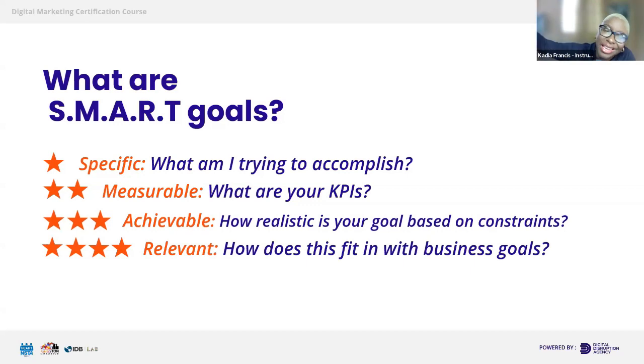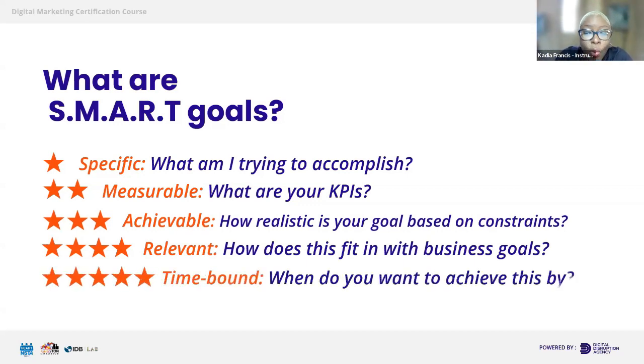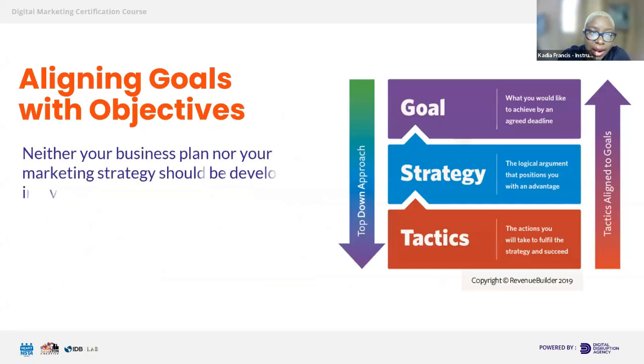How does it fit into those things, right? And lastly, when do you want to achieve this by? What's the timeline that you are giving yourselves within which to achieve this thing that you are setting yourself up to do, right? So that's what SMART goals are.